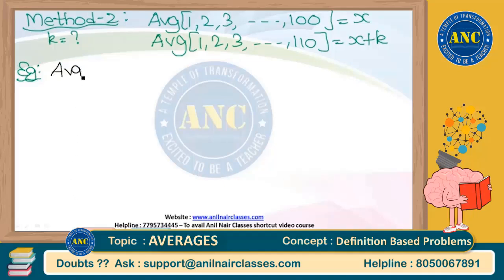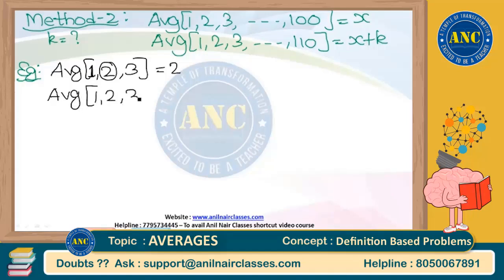Suppose, for example, the average of 1, 2, 3. What is the average? It is the middle value 2, right? The original series has 3 terms and the original average is 2. I will increase the series by one more term.